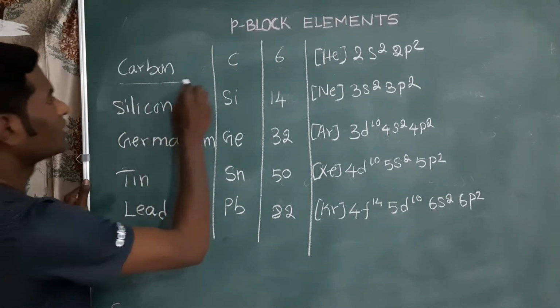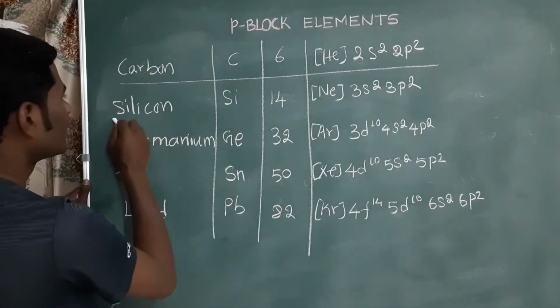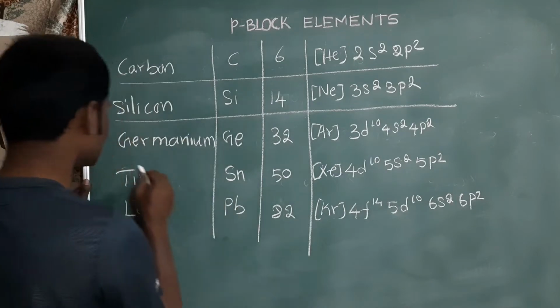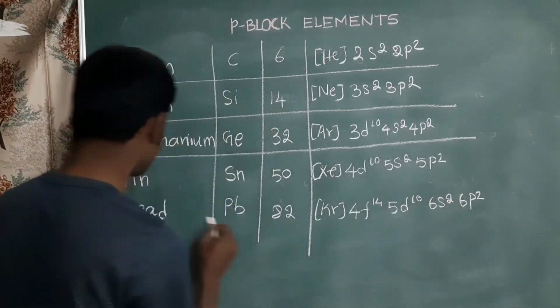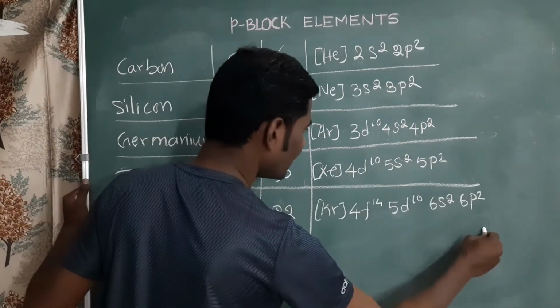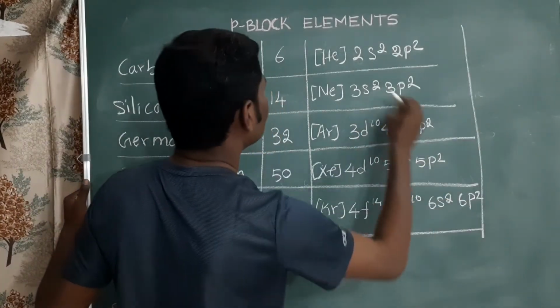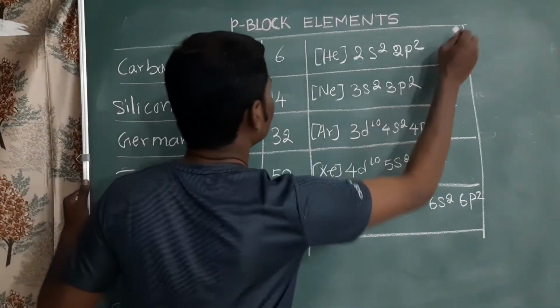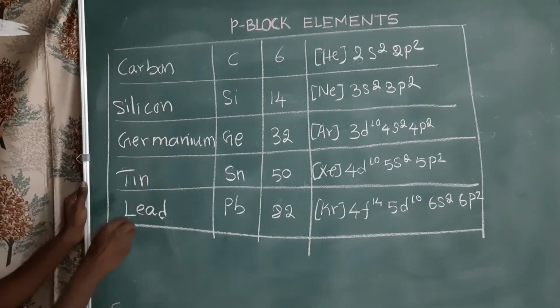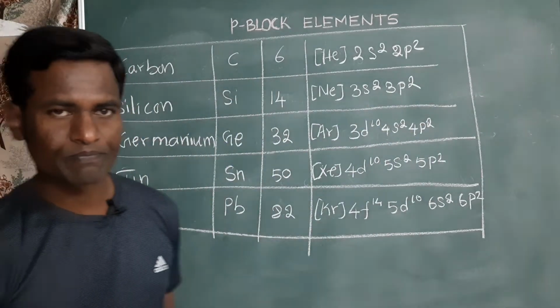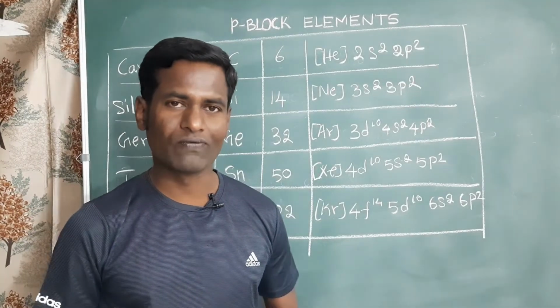So moving down the group, inner pair effect will increase due to poor shielding effect of d and f orbitals. Example: lead contains both f and d orbitals. D and f orbitals having poor shielding effect, they attract the electrons more firmly.